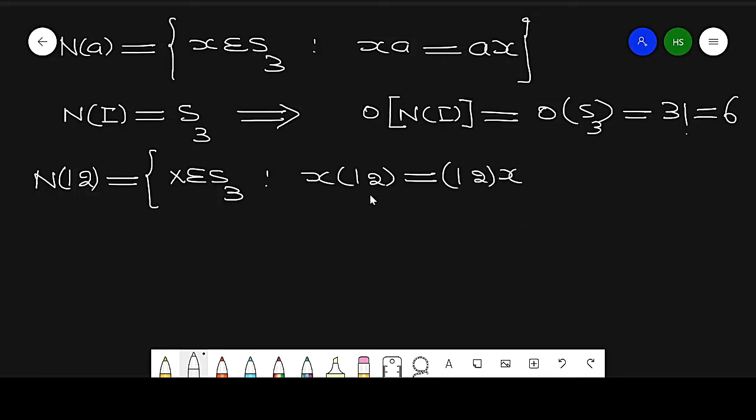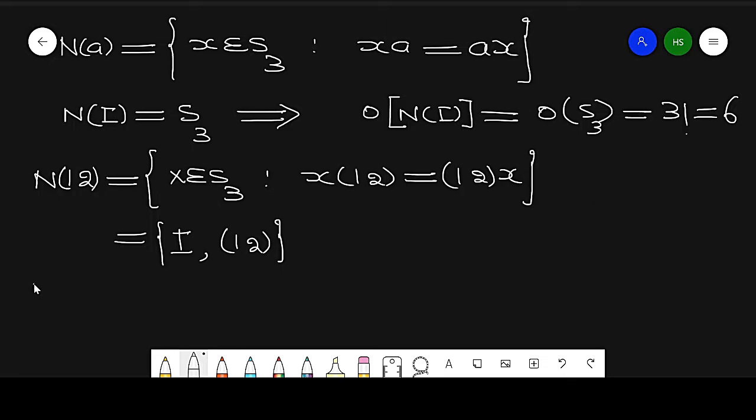So x commutes with the 2-cycle (1 2). What are the elements of this set? It consists of only 2 elements: the identity and (1 2) itself. So there are only 2 elements which commute with it.